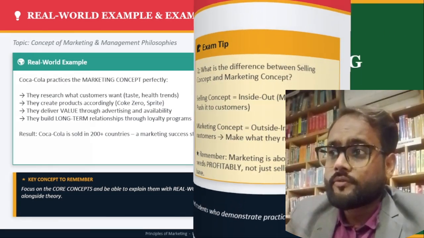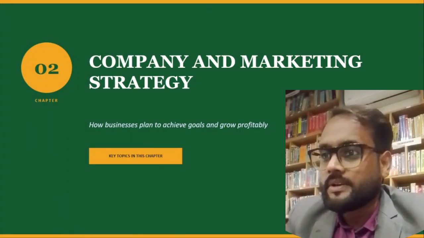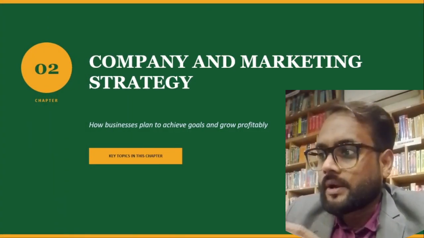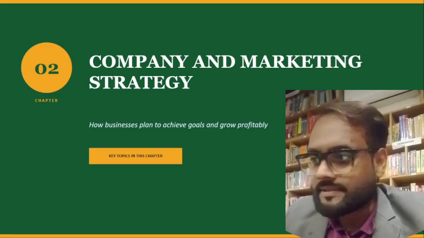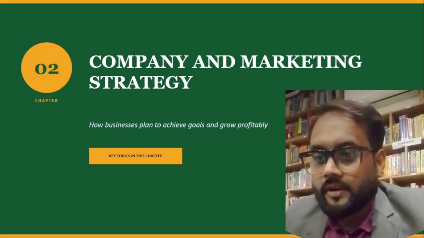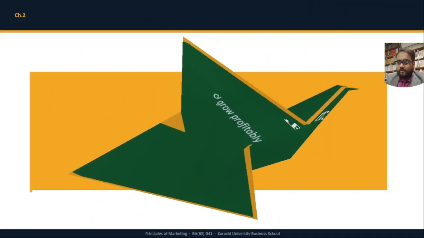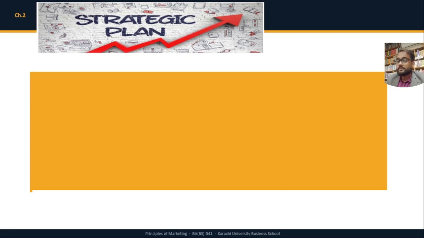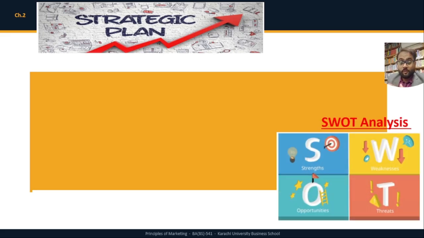Okay, let's move to our second chapter, which is the company and marketing strategy. It covers how a business plans to achieve goals and grow profitability. Here we are going to talk about the strategies companies mainly use. First, the SWOT analysis, which is also a strategy.